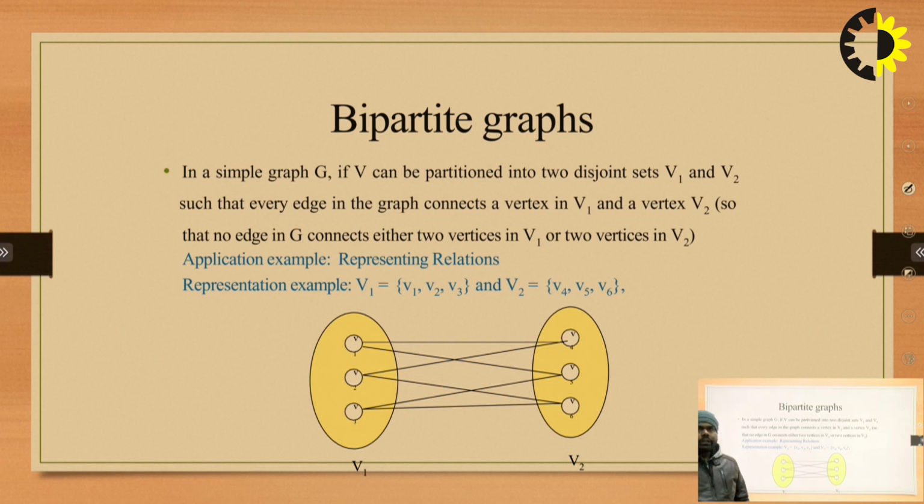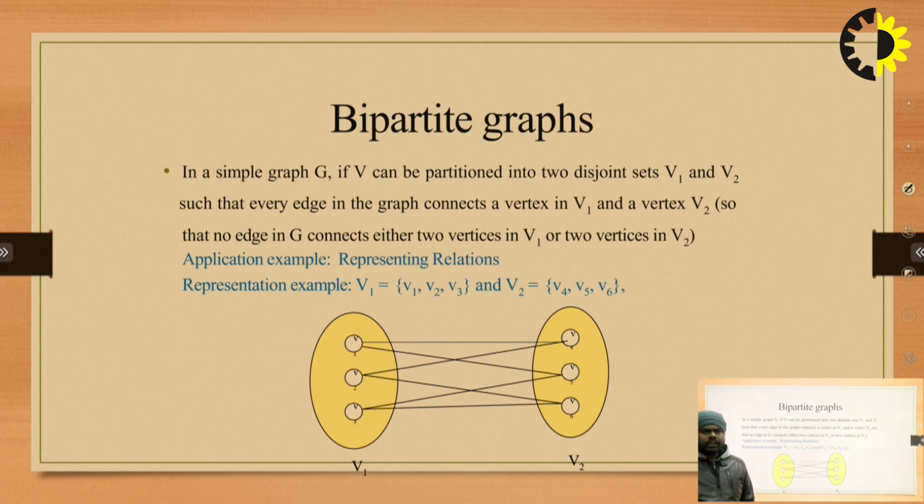Now till here we have learned about the complete graph and types of graphs. So this is a bipartite graph, which also comes under the types of graphs. In a simple graph, if V is partitioned into two disjoint sets V1 and V2 such that every edge in the graph connects a vertex in V1 and a vertex in V2, then no edge connects two vertices of V1 or two vertices of V2.